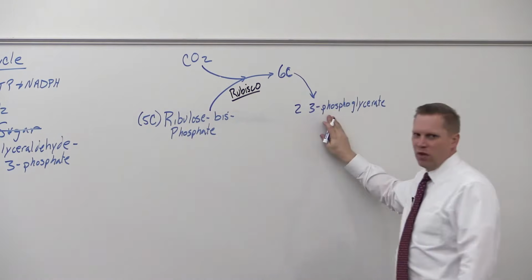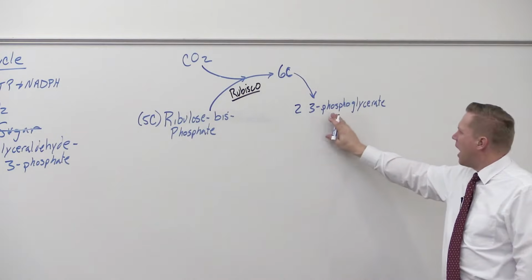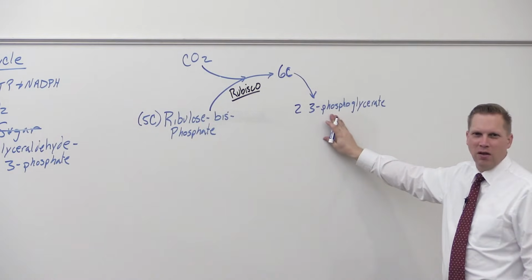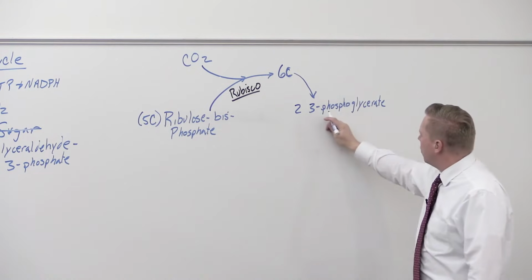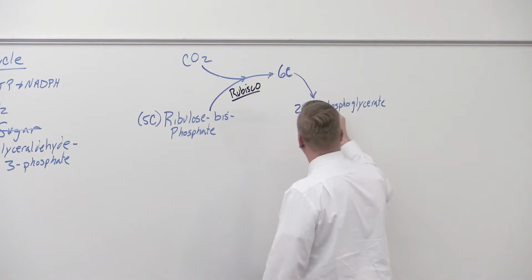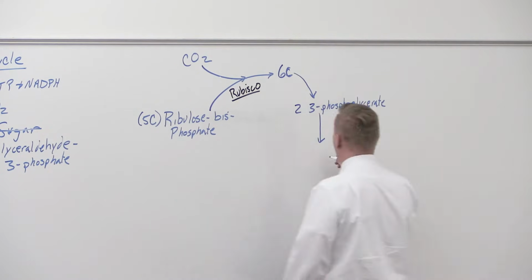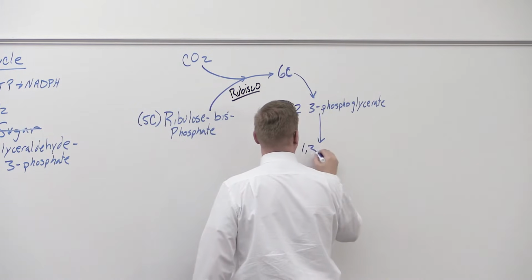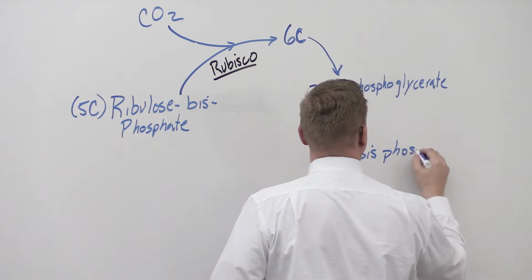And 3-phosphoglycerate, you may remember from our earlier study of glycolysis, is actually an intermediate in glycolysis during the energy producing stages. And so you should be a little bit familiar with this molecule. In the next step, we're going to take those 3-phosphoglycerates and we're going to make 1,3-bisphosphoglycerate.